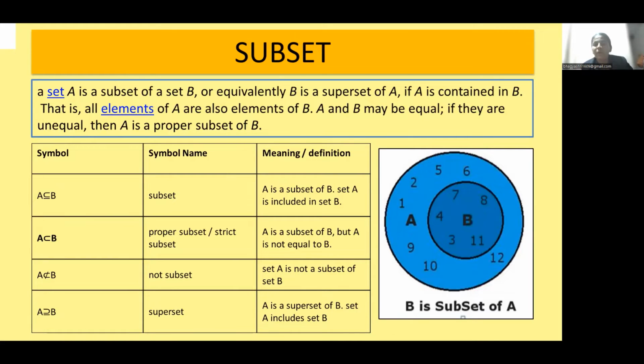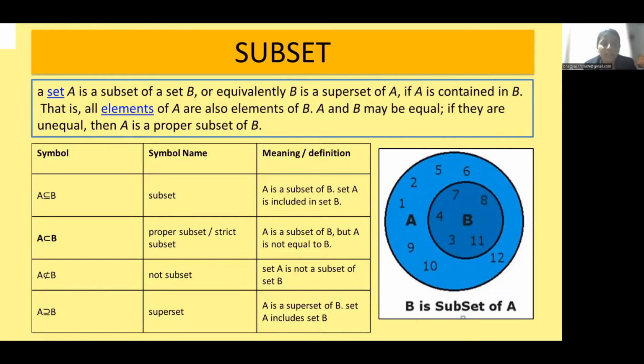Set A is included in set B. It may be equal, or B contains some extra elements than set A. Then the second notation is the notation of proper subset. A is a subset of B means proper, strict subset, so B must contain some extra elements than A. A is a subset of B, but A is not equal to B.